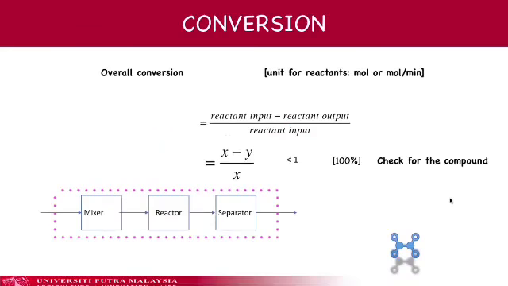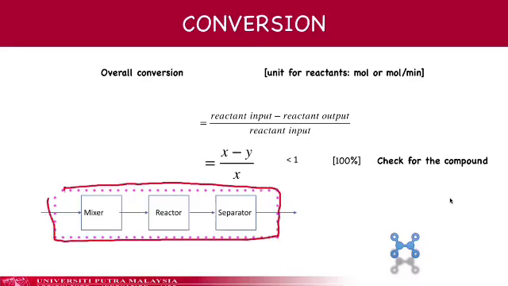The overall conversion is defined as the reactant input minus the reactant output from the process, divided by the reactant input. You can see from the diagram that it covers the overall system included in the process. Still, the units for the reactants are mole or mole per minute.